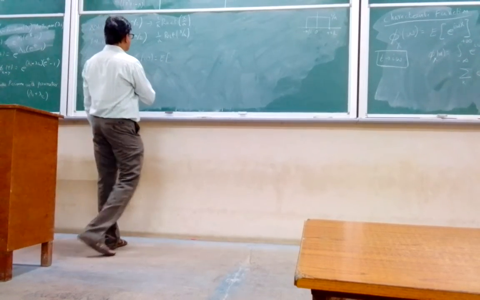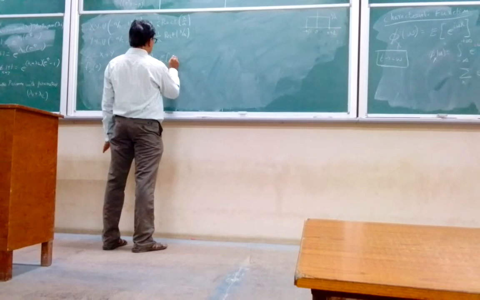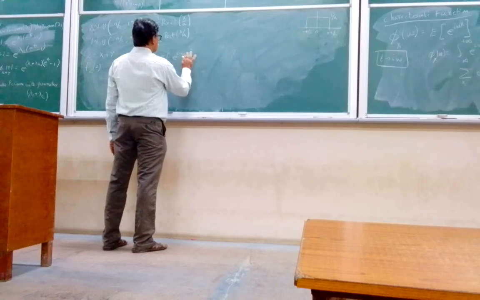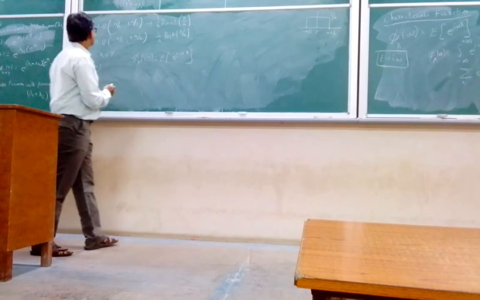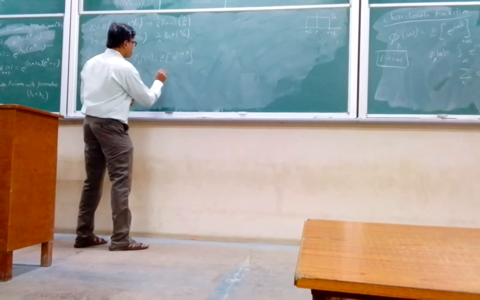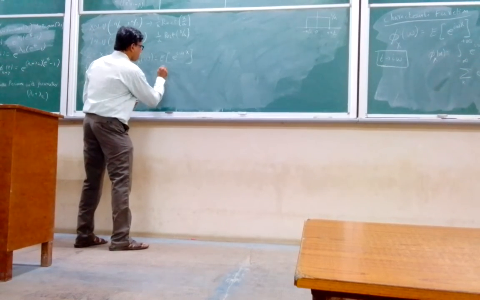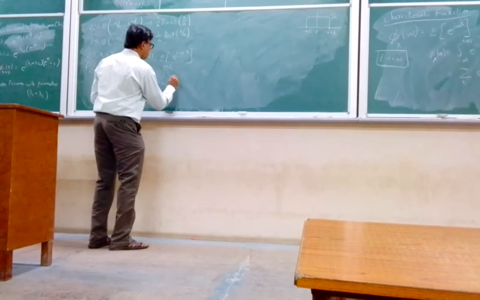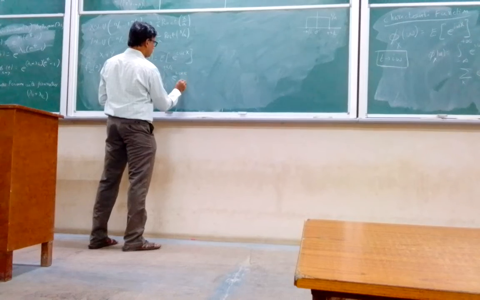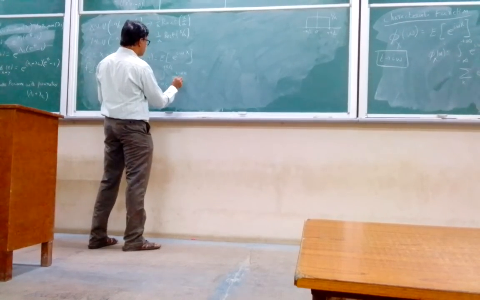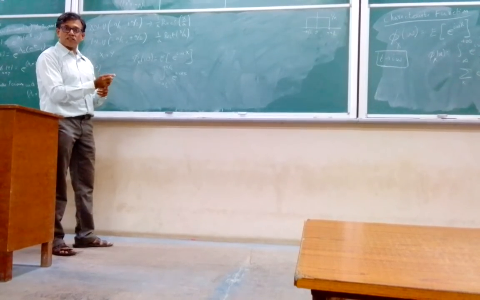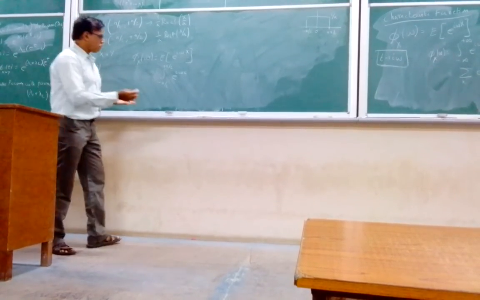We will use the characteristic function to compute that. The integral is between minus a by 2 to plus a by 2, where f x of x is just 1 over a.